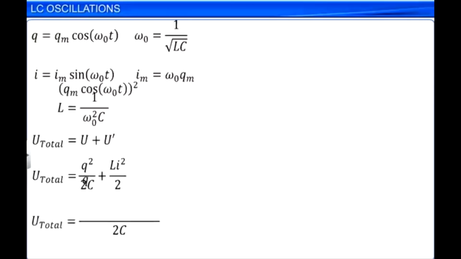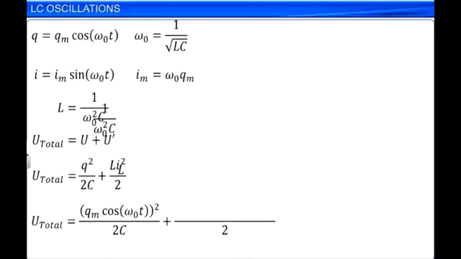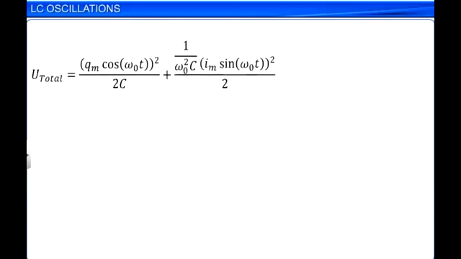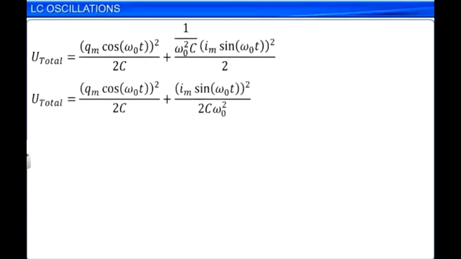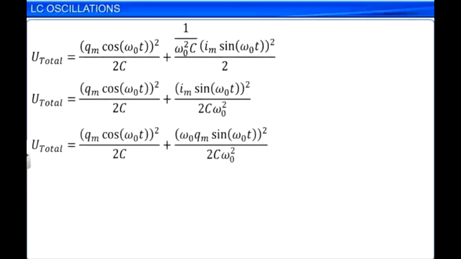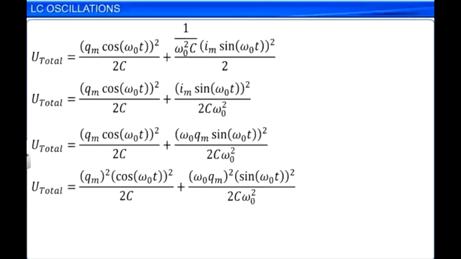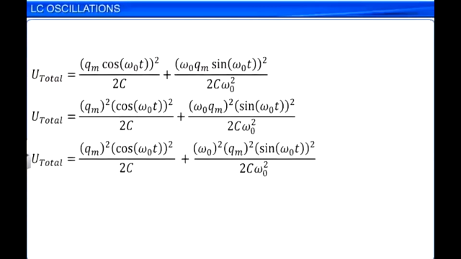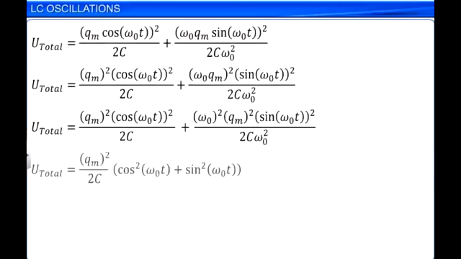Substituting the values of I and Q in this expression and simplifying, we get U total is equal to Qm square by 2C. This expression of total energy is equal to the energy stored in the capacitor when it is fully charged, which was the initial stage.